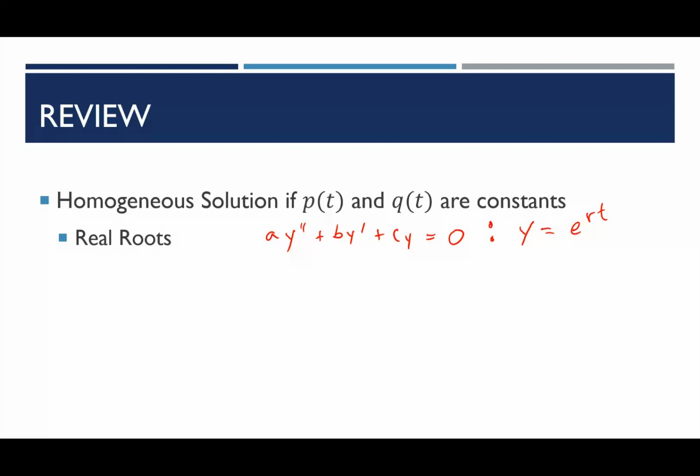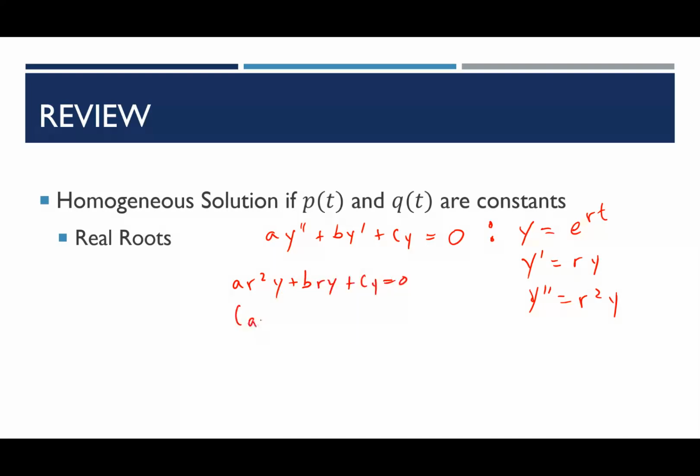Because, well, if you didn't take physics 251, you took 151. No, this first one. In that class, I just say it has this form, now let's find it. So if you take the second derivative and the first derivative, y prime is equal to r y, y double prime is equal to r squared y. And so you plug those in, factor out, and you have a r squared y plus b r y plus c y equals 0.